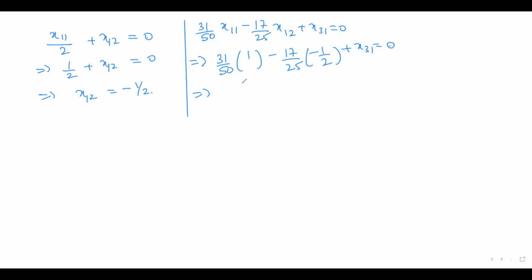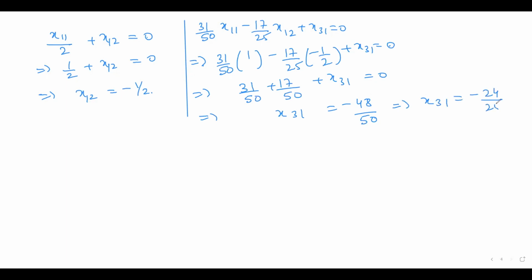So when we calculate this, this would be plus 17 upon 50 plus x31 is equal to 0. So this is coming out to be 48. So x31 is minus 48 upon 50. That we can reduce further, and I'll be getting my x31 as minus 24 upon 25.